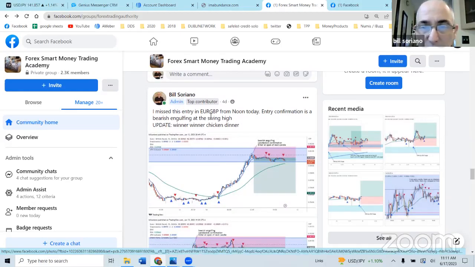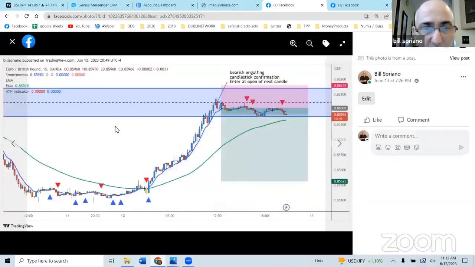Okay. This was an entry in EUR GBP, right? That I missed. This was a smart money entry. Okay, so we have our zone here. This is our 4-hour liquidity block. And this middle dash line, of course, is our point of interest. Now, this was a smart money trade, so I'm not going to go over it today.